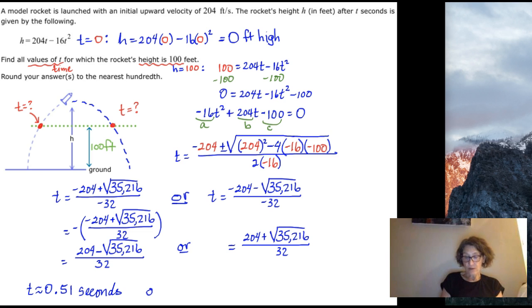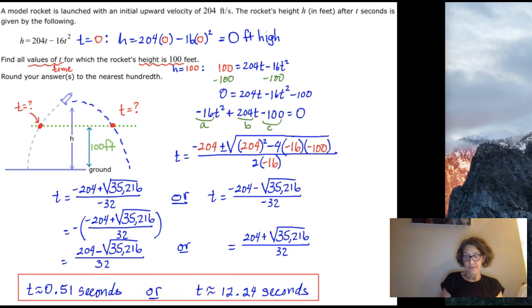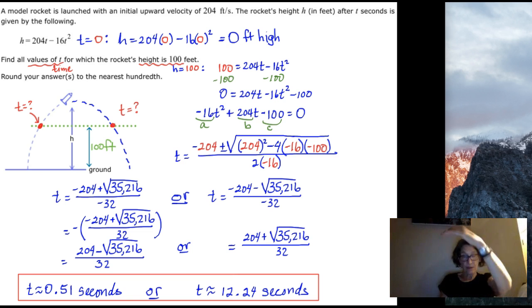The second one gives me t is approximately 12.24 seconds. So it's 100 feet off the ground twice. Once on the way up, about a half a second after it's launched, and then it keeps going up, and then about 12 seconds later, it's coming down, and it's 100 feet off the ground.